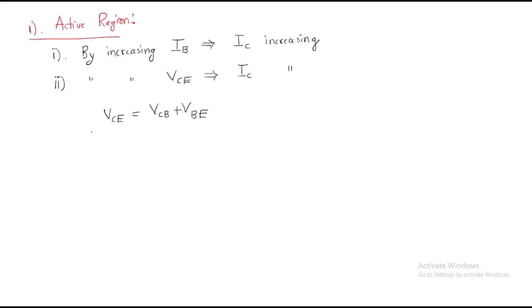So by increasing VCE, VCB also increases, and the depletion region at the collector-base junction increases. Due to that, the effective base width decreases.